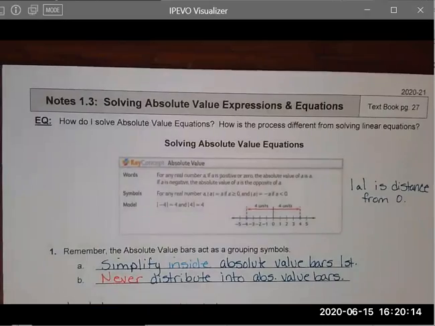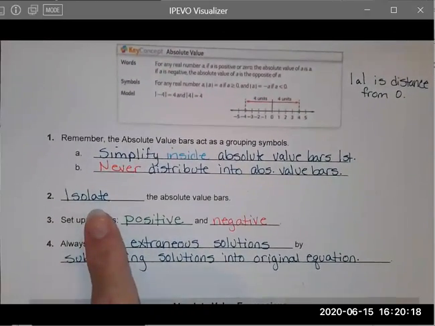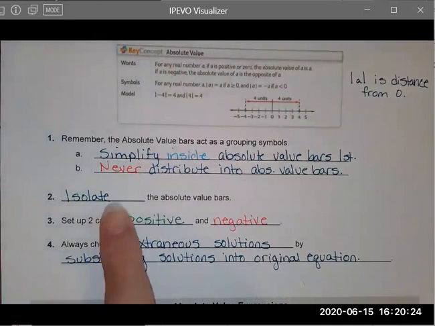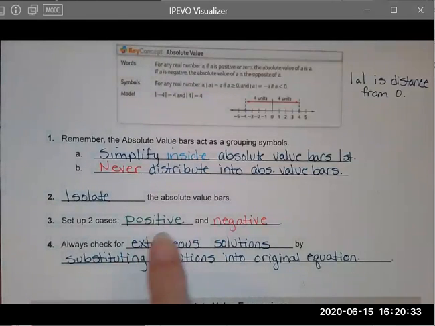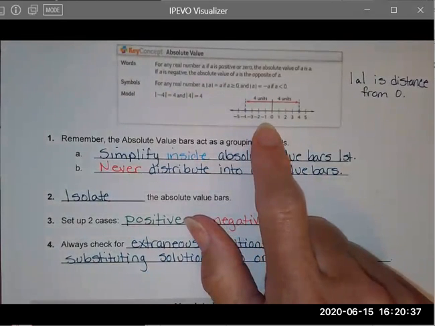The next step in solving an absolute value equation is to isolate the absolute value bars. So you want to get the absolute value bars completely on their own. Once you have the absolute value bars isolated, then we need to set up 2 cases, a positive case and a negative case. Because remember, we are trying to find how far a number is from zero.